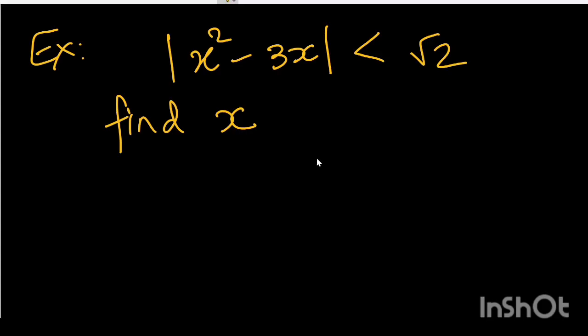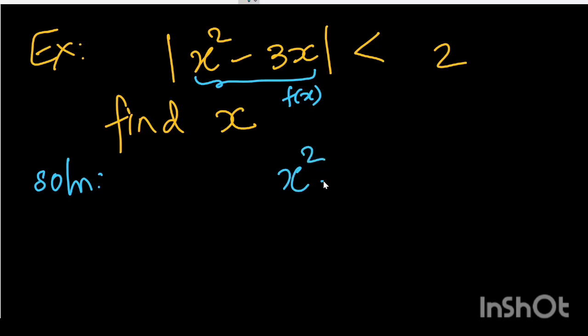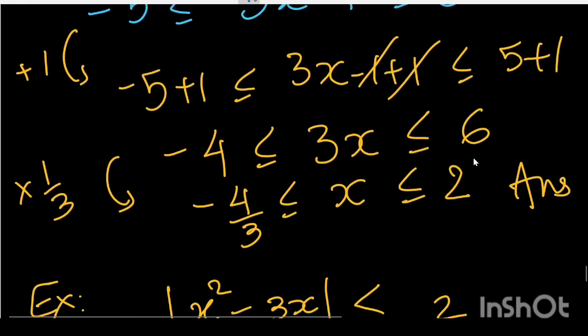Squaring root 2, the calculation would be more, so let's say it's 2 only. So again, in the solution part, the hint would be the same, this would be f of x. So f of x would be between minus 2 to plus 2. So f of x, which is x square minus 3x, would be minus 2 to plus 2 from here.